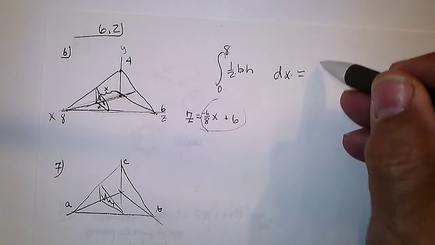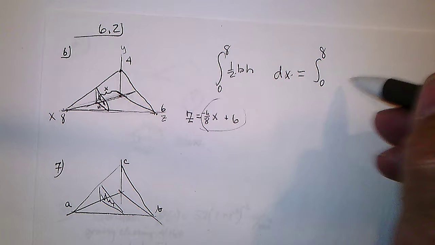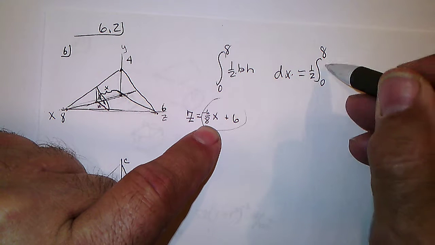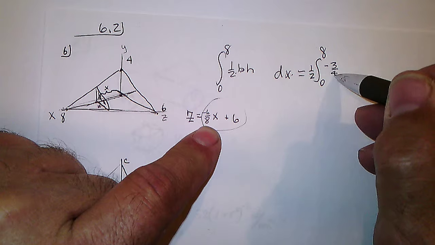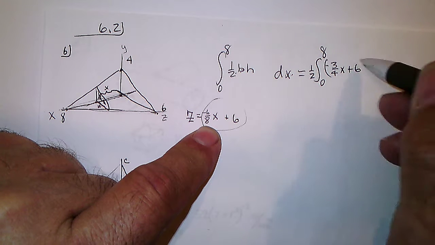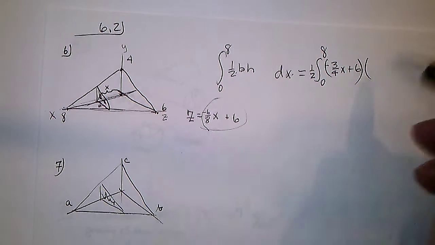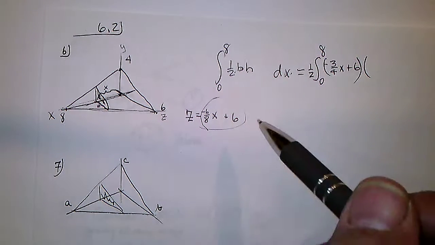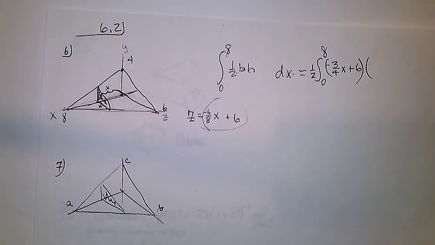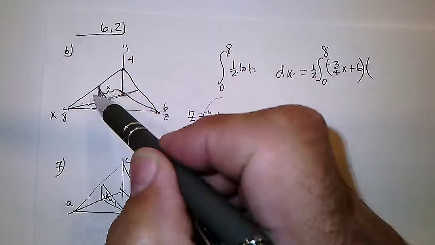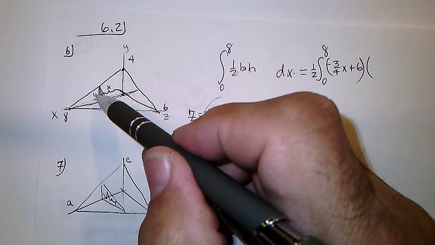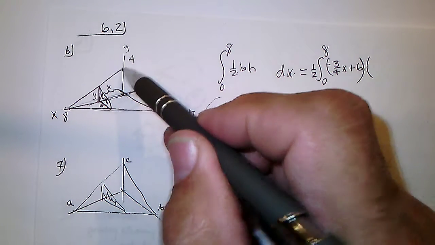So we have the integral from 0 to 8 of 1/2 the base, minus 3/4 x plus 6, times the height. The height would be this. That's in the y direction, so it's y. So we have to find the equation for y.